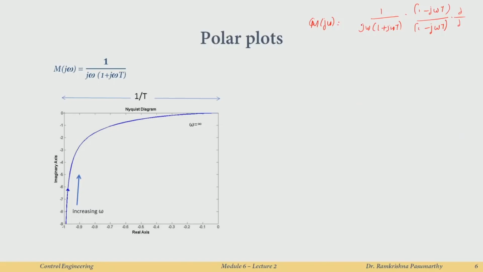If I split up the real and the imaginary parts, I have minus T over 1 plus omega square T square as my real part, and the imaginary part is j times 1 over omega times 1 plus omega square T square.